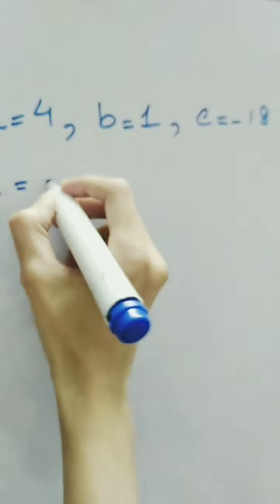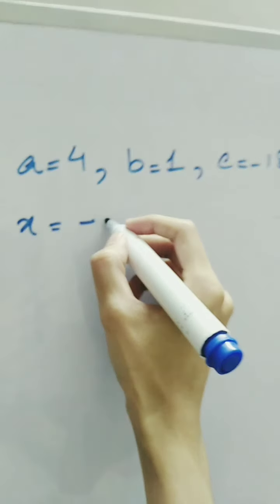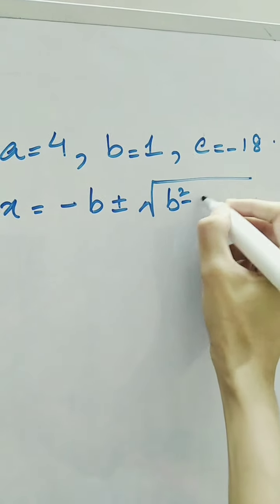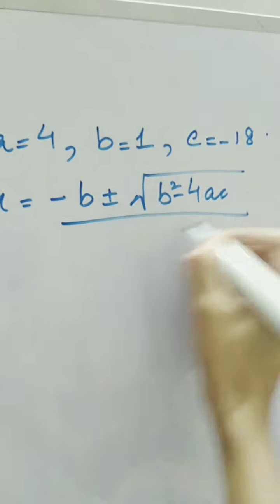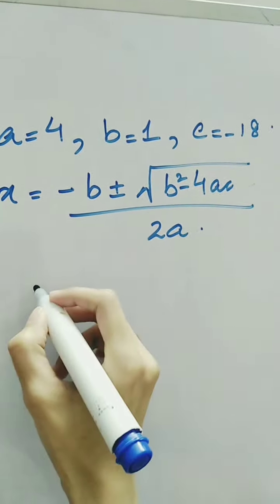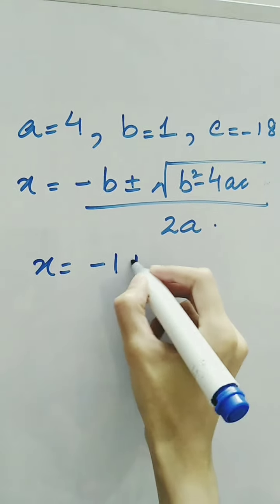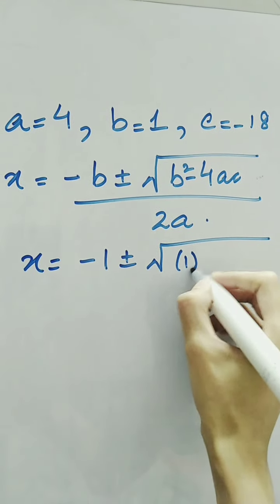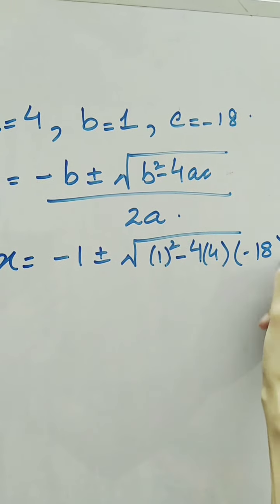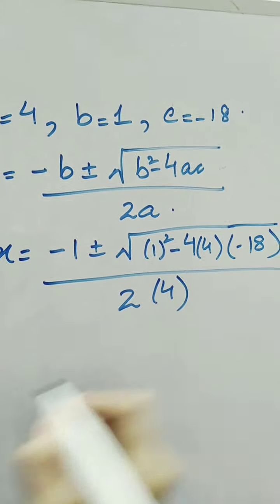We know the formula of the quadratic. x is equal to minus b plus minus under root b square minus 4ac over 2a. Now putting values of these variables, we have minus 1 plus minus under root b square is 1 here, minus 4ac over 2a.